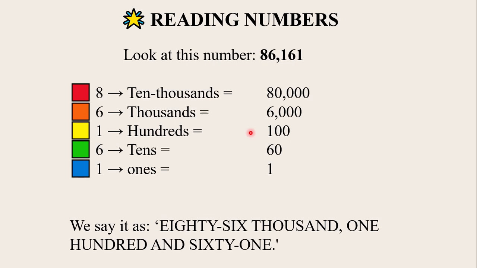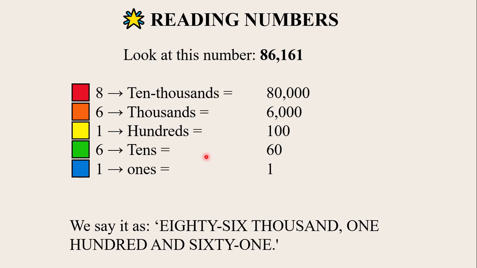How many zeros do we have? 1, 2, 2 zeros. And tens. How many zeros do we have? Just 1 zero. And finally, the unit, which is in blue, how many zeros? Remember, this is ones. We can also call it unit at times, but it's often called ones. So there is no zero there at all.